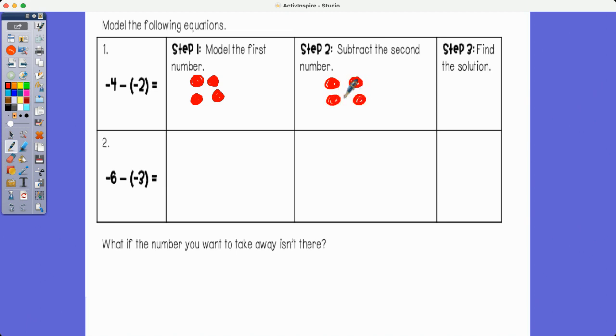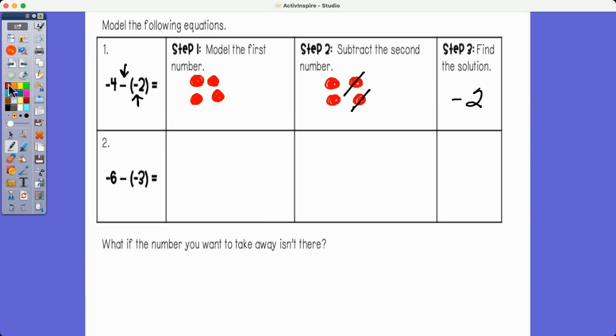So I am going to subtract 2 counters. 1, 2. 2 negative counters. Look right here, it says subtract 2 negative counters. And I am left with what? 2 counters, but what kind of counters? I hope you all said negative. So my solution is negative 2.